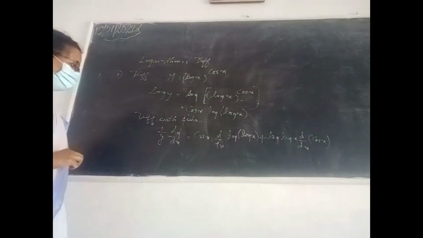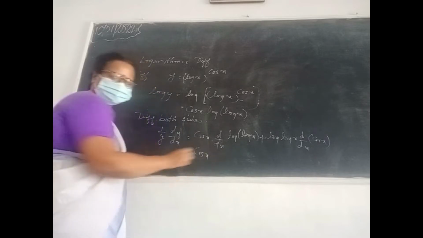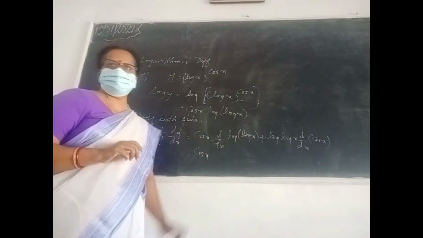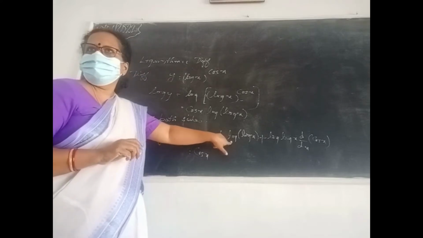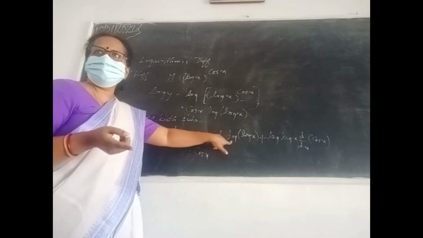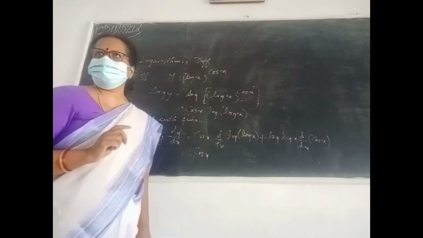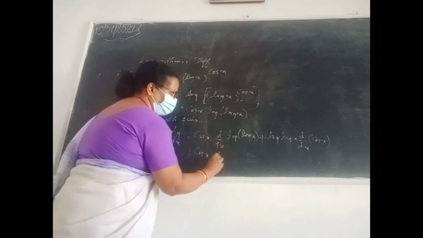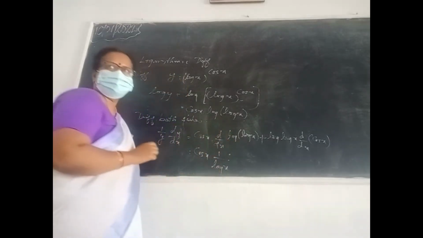Okay. Now differentiate cos x d by dx of log of log x. So with respect to this log we will do. What is derivative of log x? 1 by x. So instead of x you can see log x. So log of log x, what is its derivative? 1 by log x into, apply chain rule.